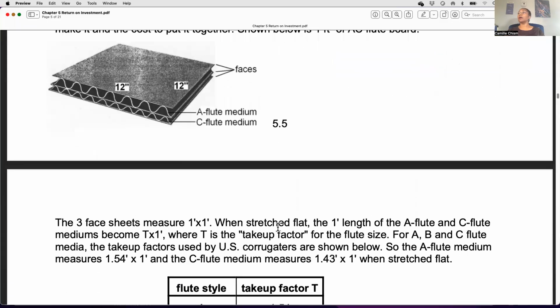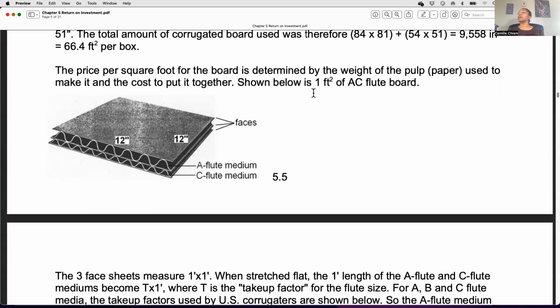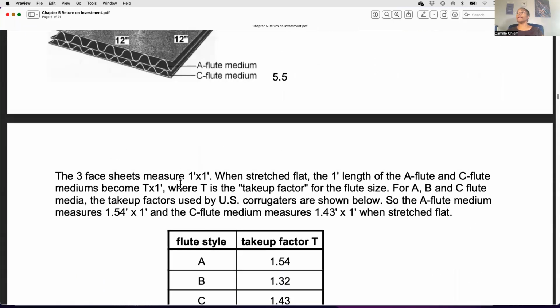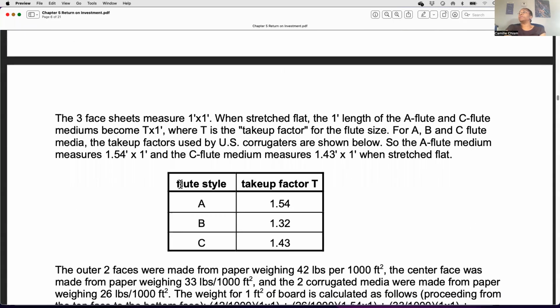So you can see the A flute and the C flute and that board combination that we talked about, which has the layers of board, and then the corrugated layers in between for the different flutes. Okay, and this is showing you how to calculate the sheets.